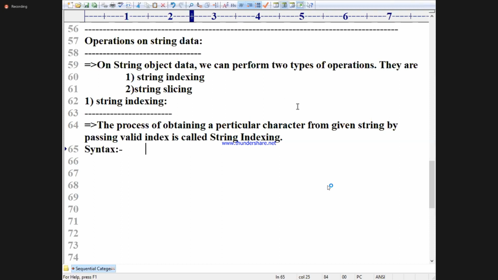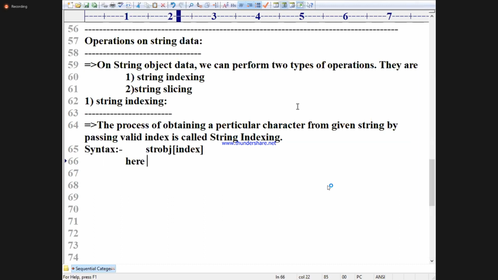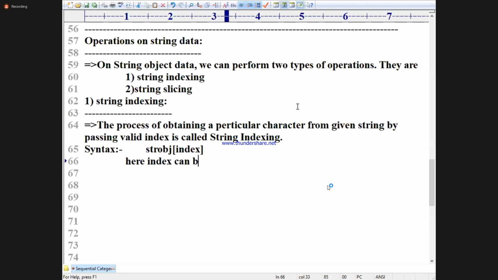Index error. Come on, tell me the syntax. strobj of index. Write down. Here, index can be either a positive or negative valid index.